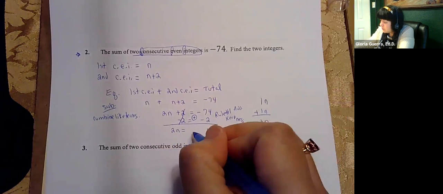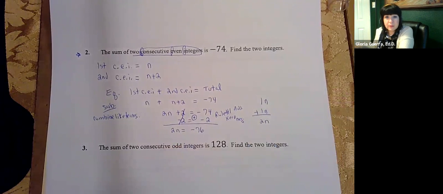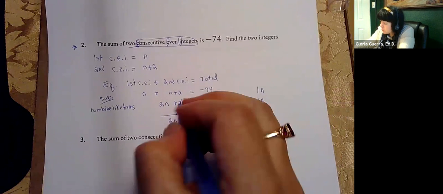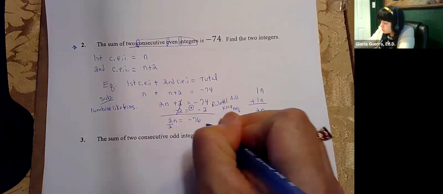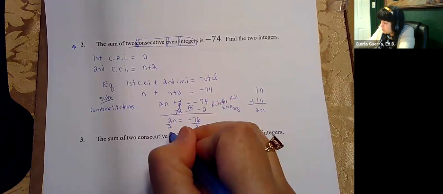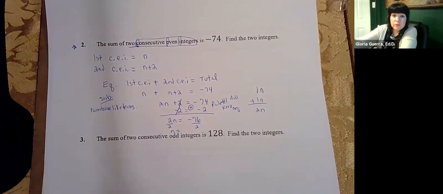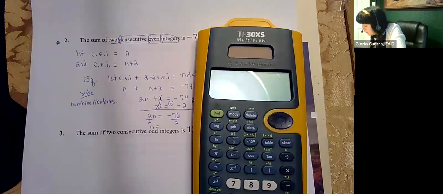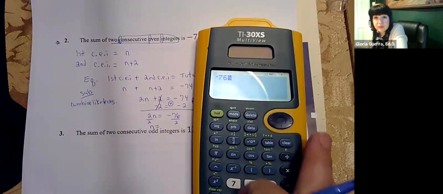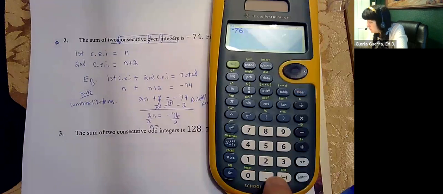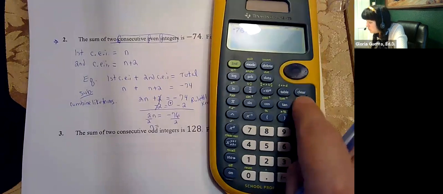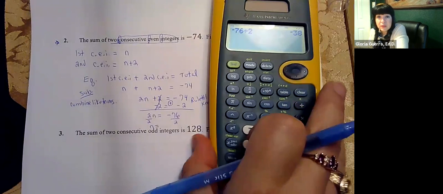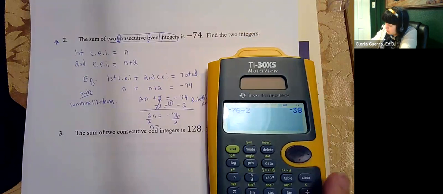So that'd be negative 76, okay? And then you're going to divide by 2. And when you get your calculator and divide that out, remember the negative is down here. Negative 76 divided by 2 is negative 38.